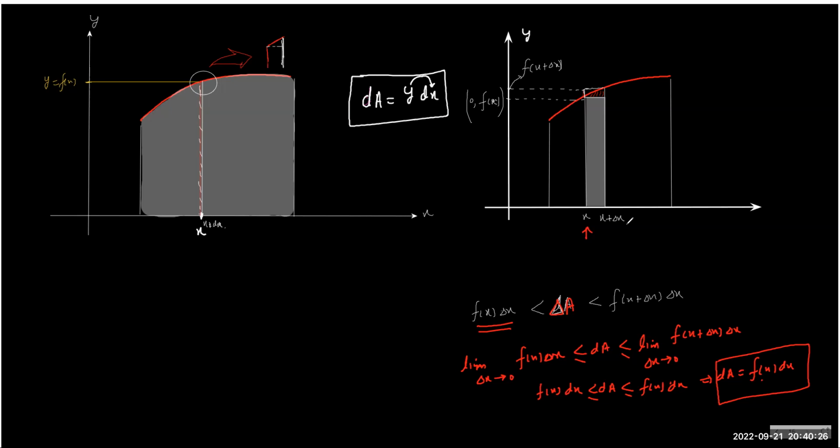Yes or no? Yes, sir. Are you getting the idea of what I'm saying? When you multiply f(x) with dx, then the error is really small. It is almost zero error, which means you're going to get almost the entire area. You're not going to miss a lot.